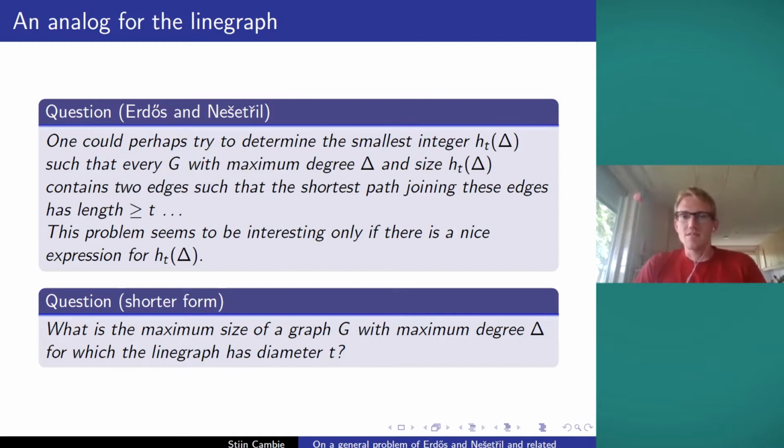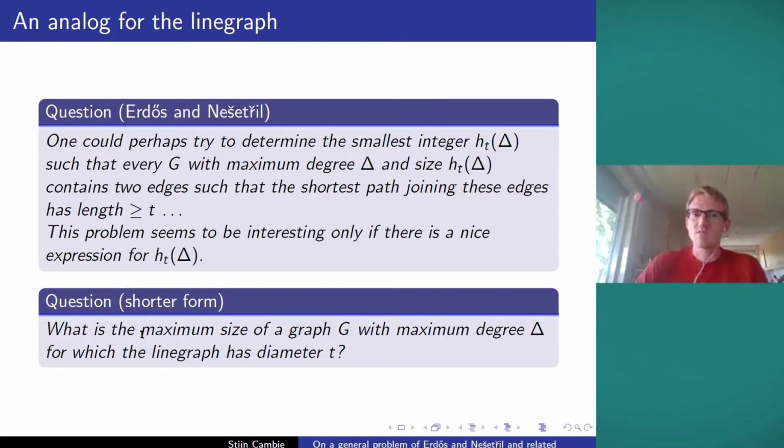And maybe the question is not posed that elegantly, so to pose it a bit more elegantly, or at least shorter, an equivalent form is to ask about the maximum size of a graph G with maximum degree delta, for which the line graph has diameter t, which implies that every two edges can be connected with a path of length at most t minus 1.